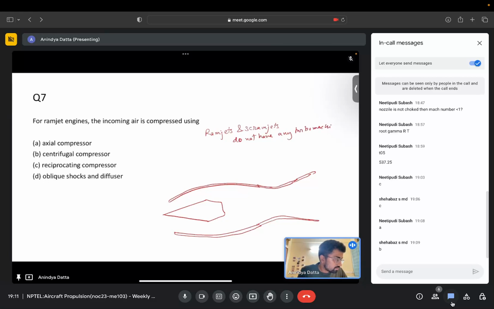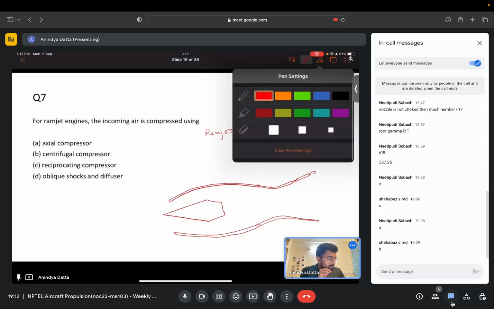What is turbo machinery? Turbo machinery is our compressors and turbines. So how then does the compression take place?